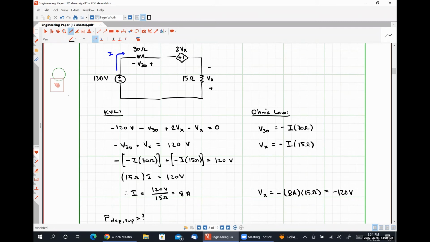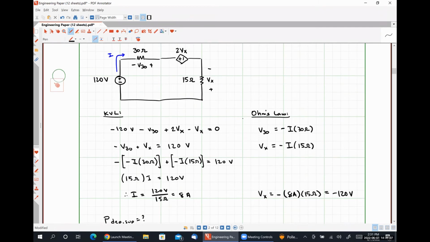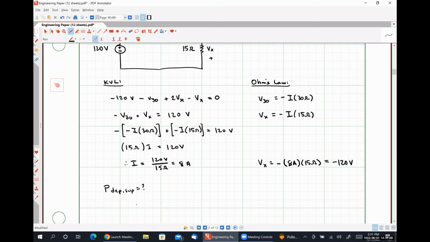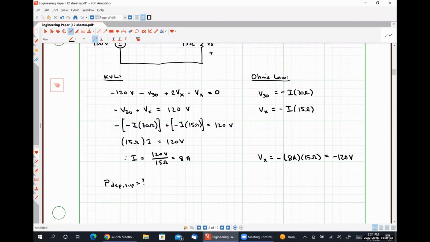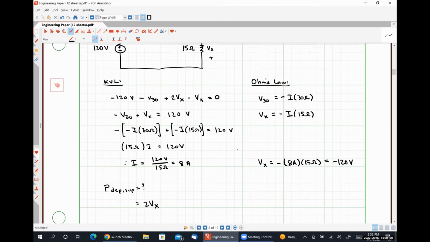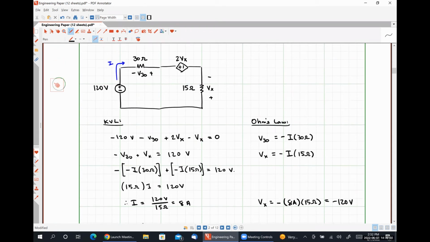So when we want the supplied power, we need the voltage drop across our element of interest and the current flowing into the negative polarity terminal, okay? So for our dependent source, the voltage drop across our element of interest is simply twice Vx, because that's what we're told, right? This voltage source supplies 2 Vx of voltage.